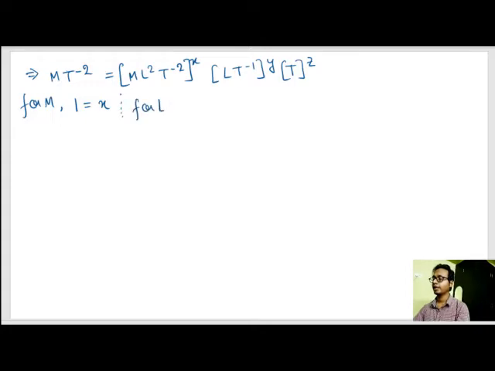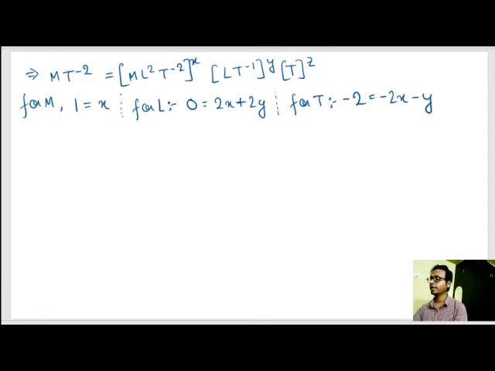For L, 0 on the left hand side is equals to 2x plus 2y plus there is no term in z. For T, minus 2 is equals to minus 2x minus y plus z.